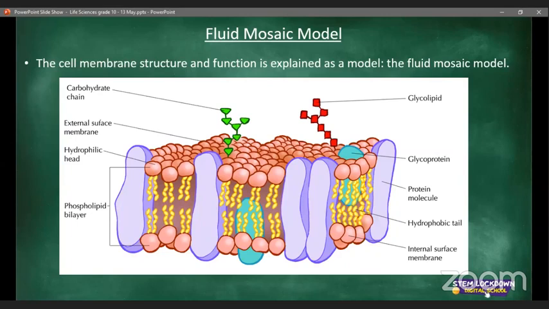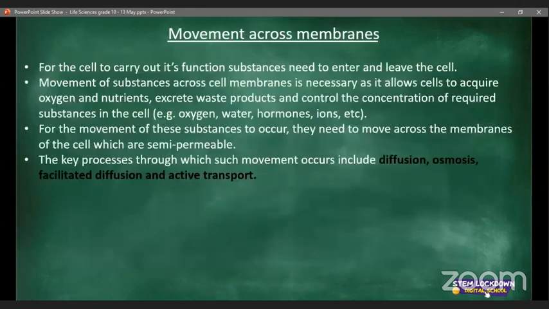Now, to talk about movement across membranes. For the cell to carry out its function, substances tend to enter and leave the cell. So movement of substances across cell membranes is necessary as it allows cells to acquire oxygen and nutrients, to excrete waste products, and control the concentration of required substances in the cell.